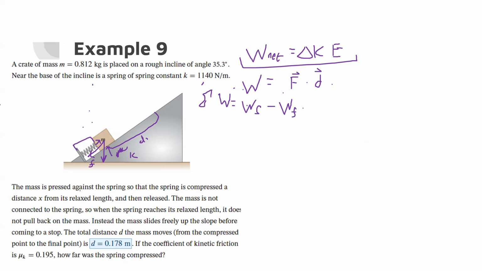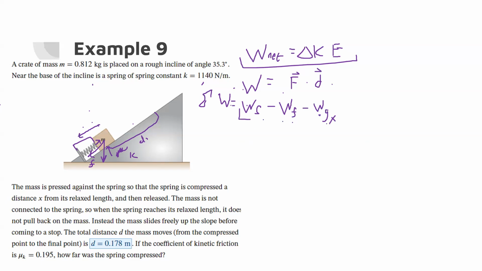And for gravity, I know that's also going to be against, since the component of gravity that's parallel to the direction of motion points this way. So I'm going to take the force of gravity, specifically in the x direction, because that's the part that's opposite to the direction of motion. So now I just need to calculate that.